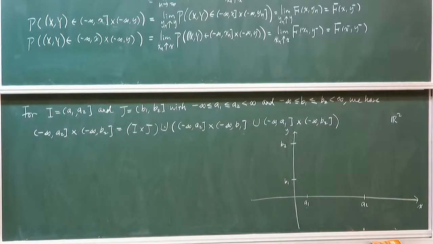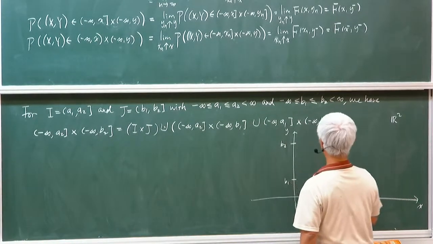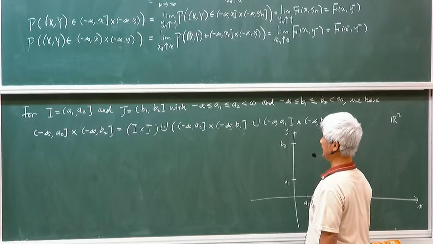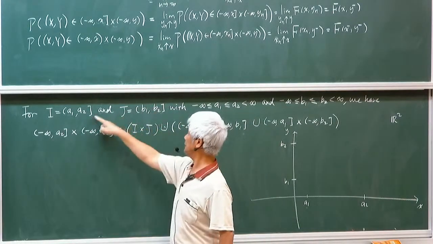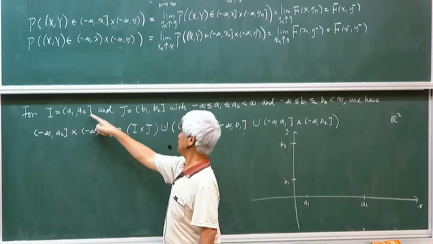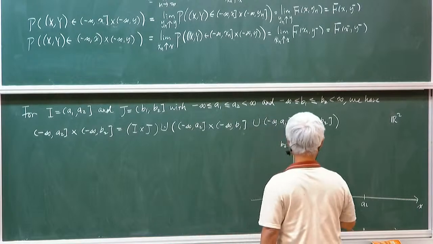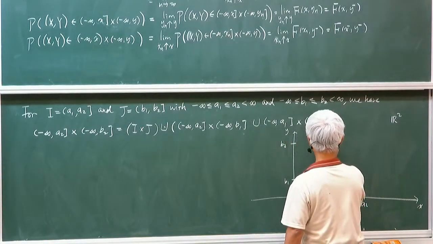Now, okay, and you can see A2 and B2 are closed ends, but A1 and B1 are open ends. All right, so we will see that.